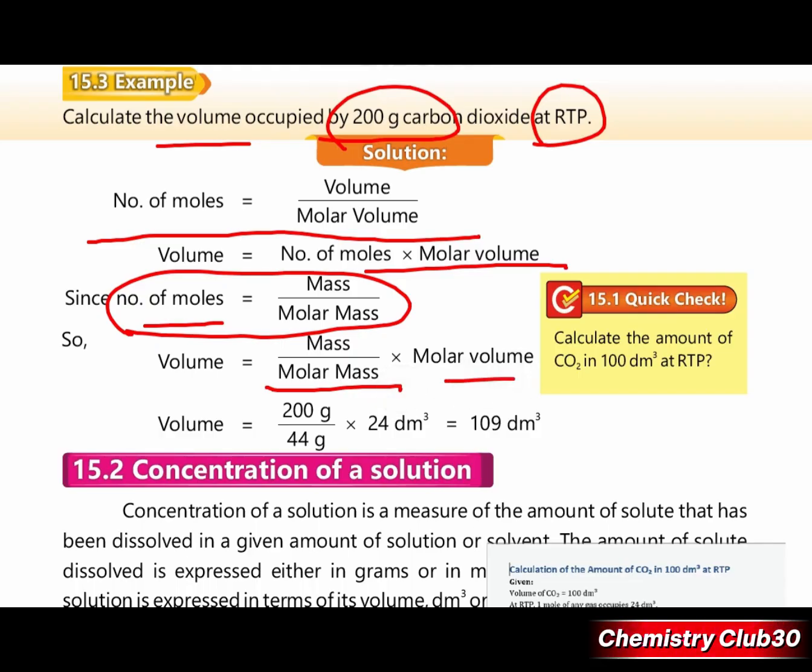Mass of carbon dioxide is 200 gram, molar mass of carbon dioxide is 44 gram, and molar volume is 24 dm cube. After multiplication and division, the answer will be 109 dm cube.